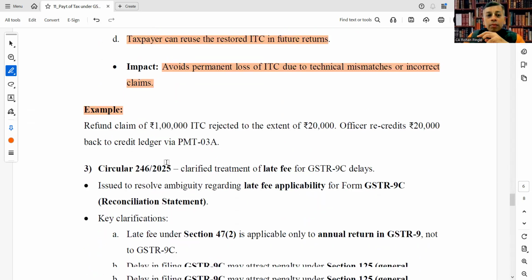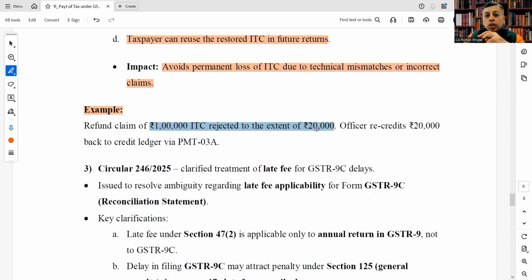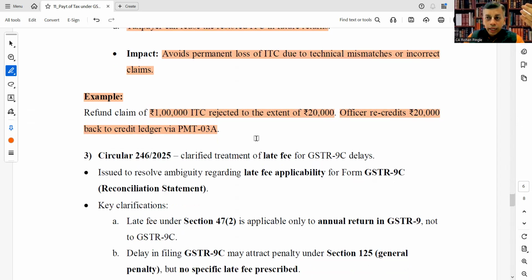Example: a refund claim of rupees 1 lakh ITC is rejected to the extent of rupees 20,000, partly or fully. So the officer recredits rupees 20,000 back to the credit ledger via PMT-03 so that the assessee cannot lose that credit.